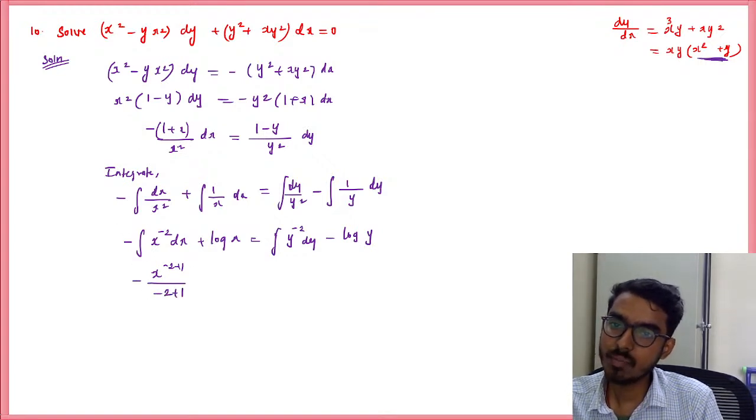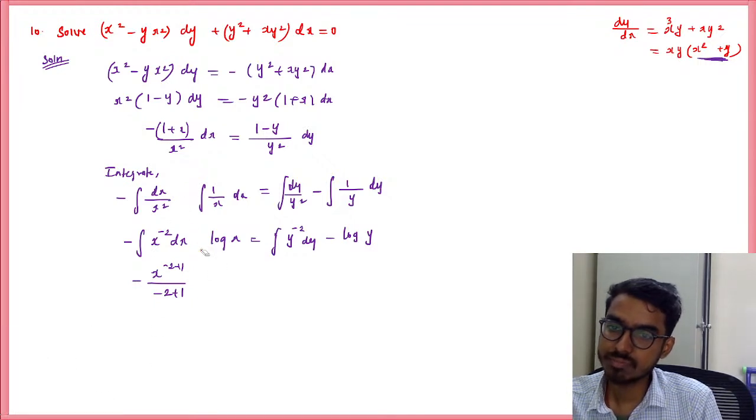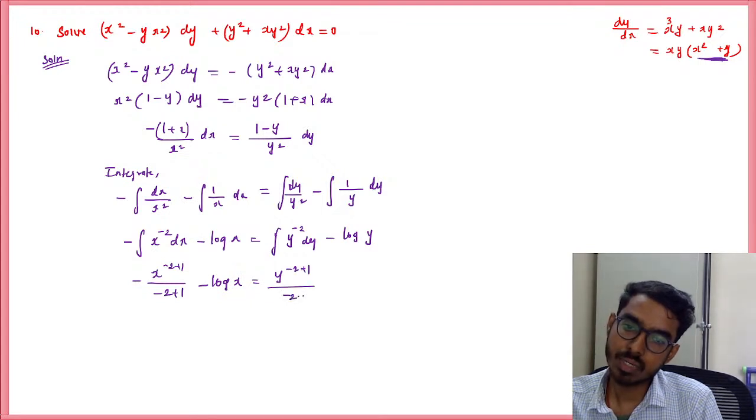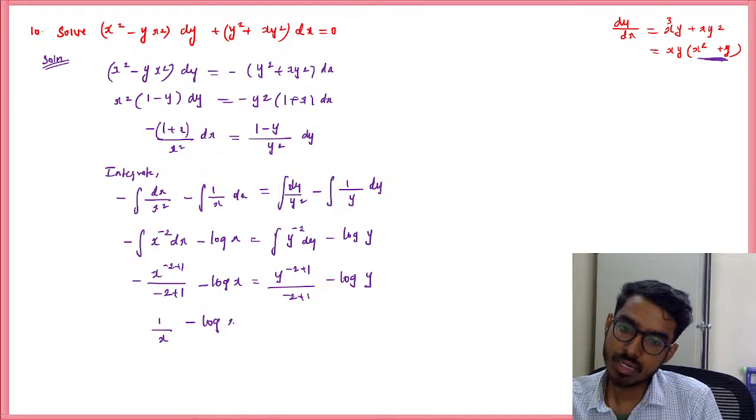Actually, minus is common here. Again, this is y power minus 2 plus 1, minus log y. So minus will get cancelled. So we have 1 by x minus log x. Here we have minus 1 by y minus log y.